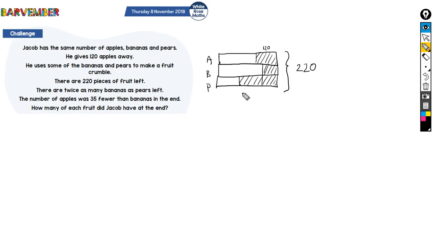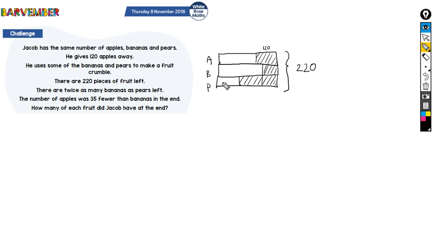So it's a complicated problem. There's a lot going on. So at the beginning they have equal amounts. 120 apples are given away. Some bananas and pears, we don't know how much, are used in a fruit crumble, so much so that we end up with twice as many bananas as pears.